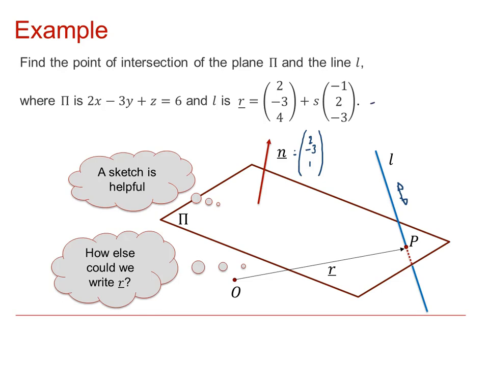So we could think about r as being equal to (x, y, z), and that's equal to (2 minus s, minus 3 plus 2s, 4 minus 3s). So for the particular value of s where the plane and the line meet, then the two equations will be the same. So this comes down to working out what's the value of s at this point here.